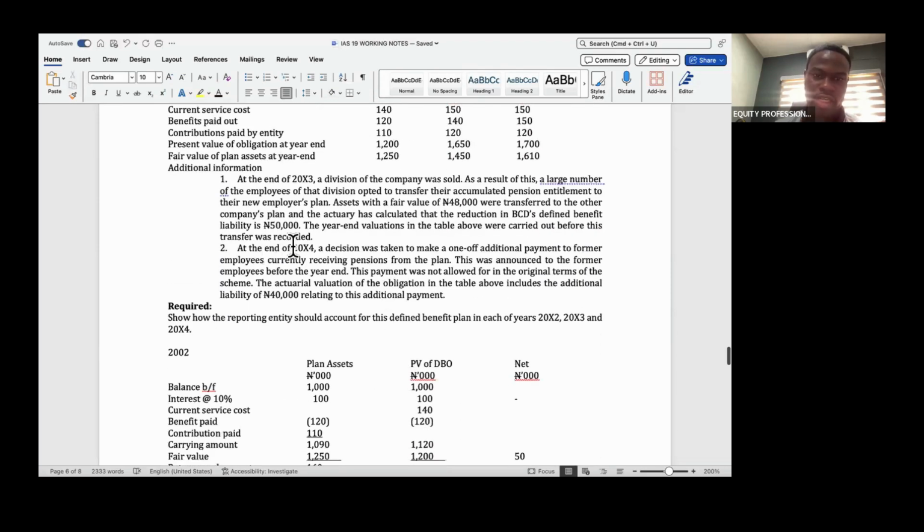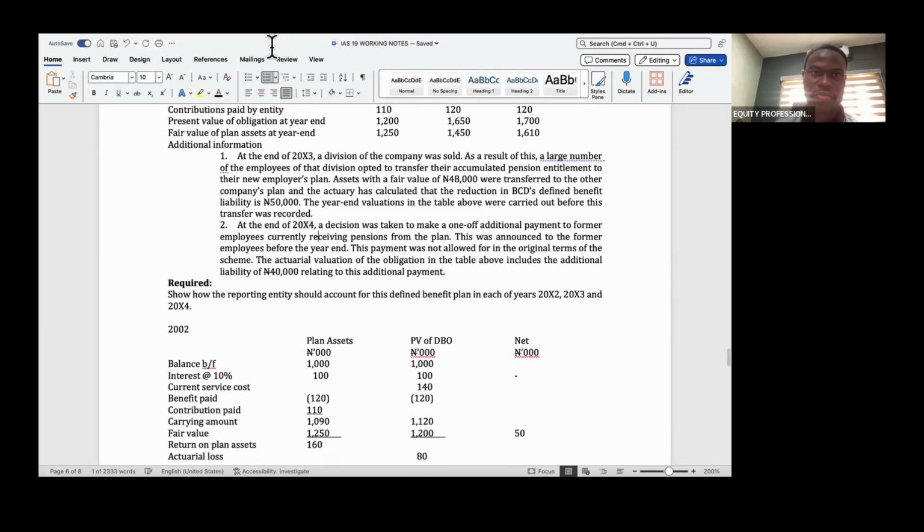So there is additional information for 2004. Let's look at it. It says at the end of 2004, a decision was taken to make a one-off additional payment to former employees currently receiving pension from the plan.